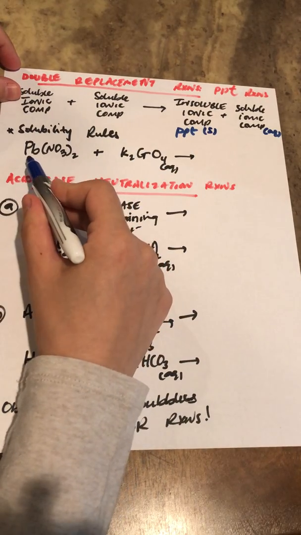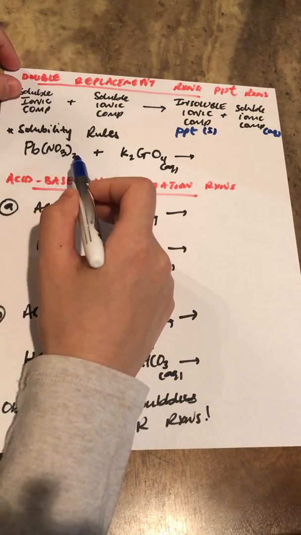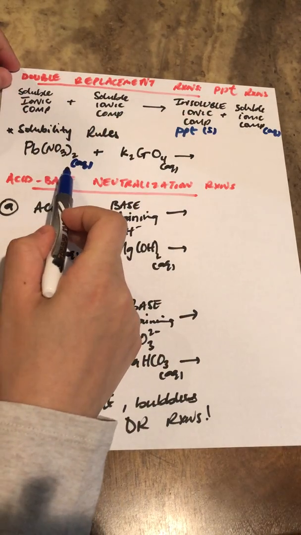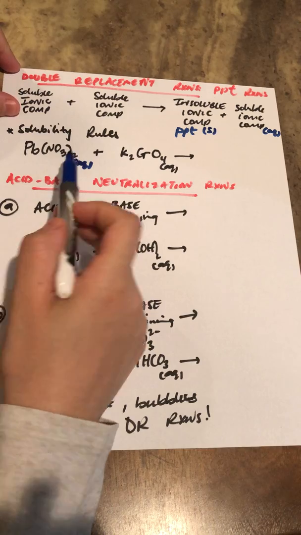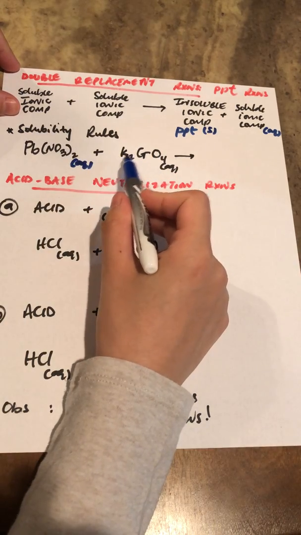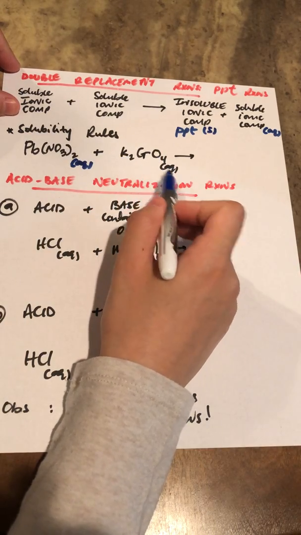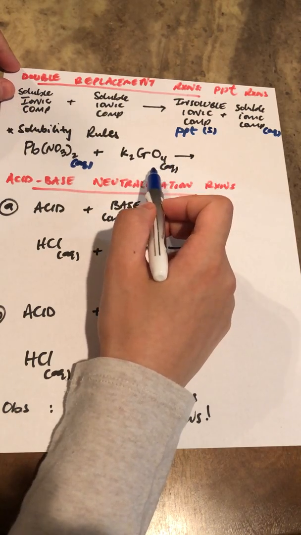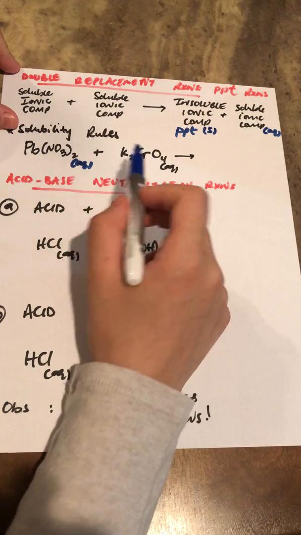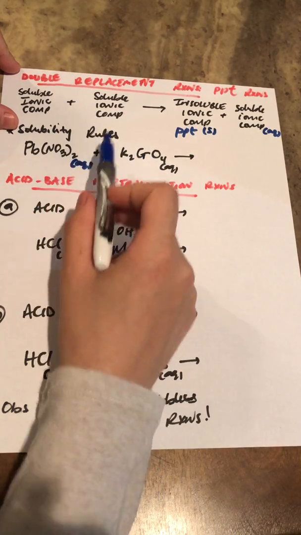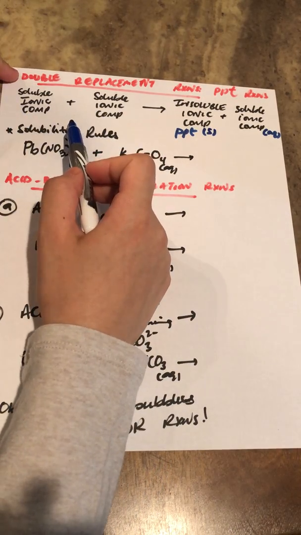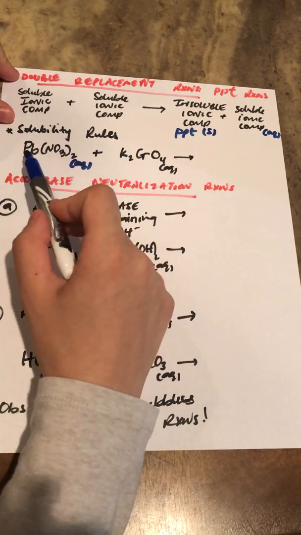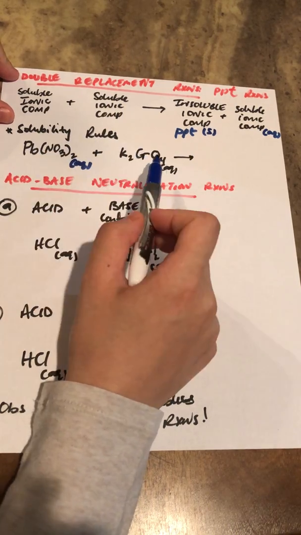What we have over here is lead 2 nitrate. Okay, this is going to be an aqueous compound, so it is a soluble compound reacting with potassium chromate, and again that is an aqueous soluble compound. So over here, since we have two soluble ionic compounds, we know it's a double replacement reaction, so we are going to be swapping the partners of all of the reactants.